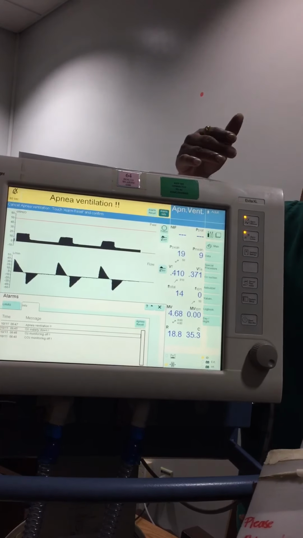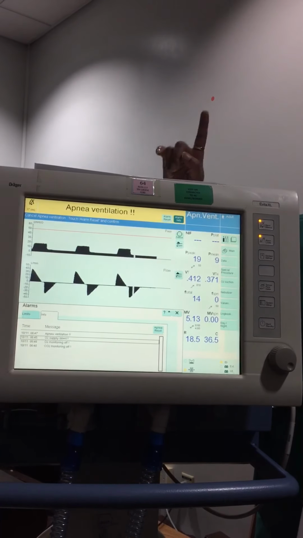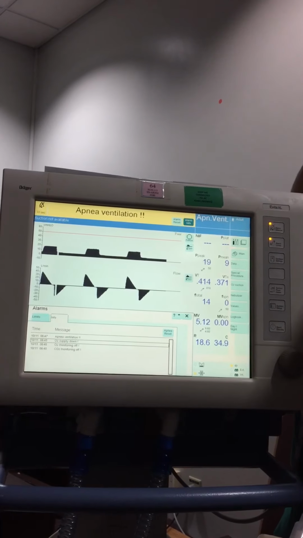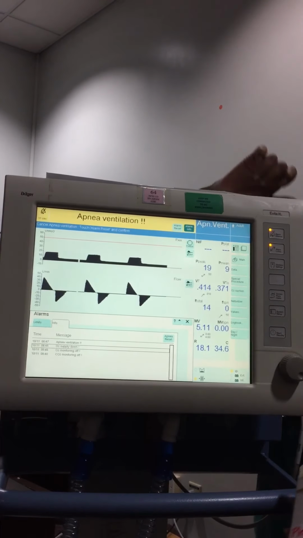Okay, suppose one patient is desaturated, hypoxemic. Don't panic. Just use the O2 suction button here. Just press it. It will give 100% for 1 minute. O2 suction will give 1 minute.